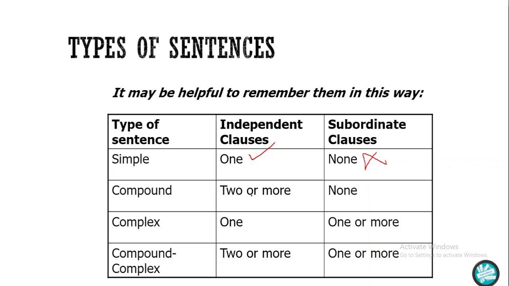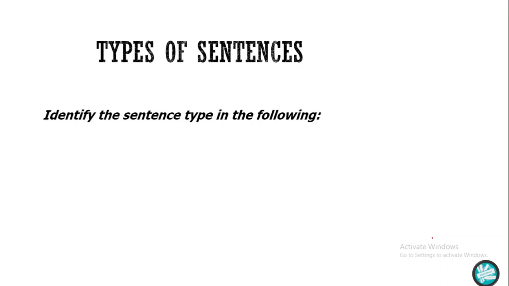In a compound sentence, there are two or more independent clauses and there is no subordinate clause. In the complex sentence, there is one independent clause and one or more subordinate clauses. In a compound complex sentence, there are two or more independent clauses and one or more subordinate clauses. Now it's time to check your knowledge.